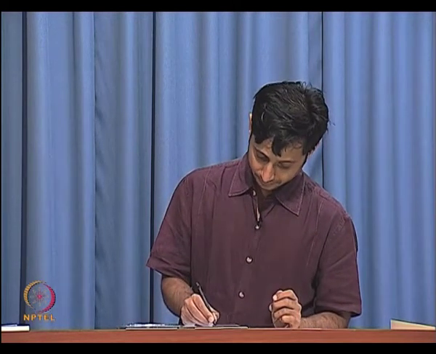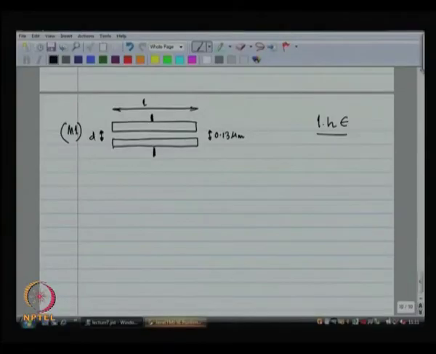And the gap between the two is basically responsible for the distance between the 2 plates.